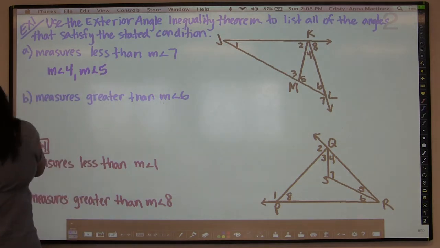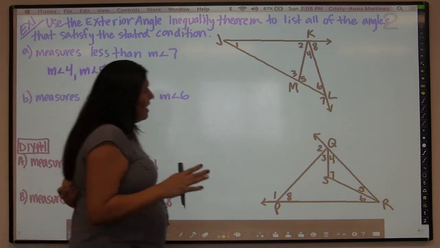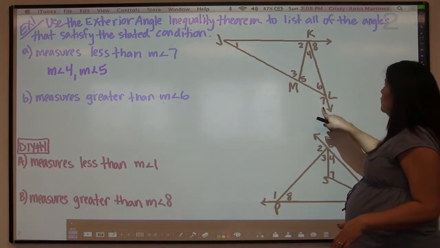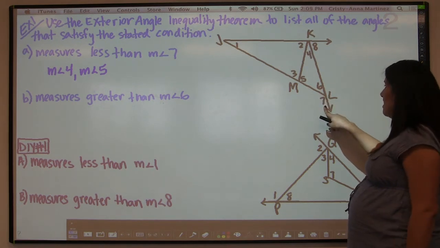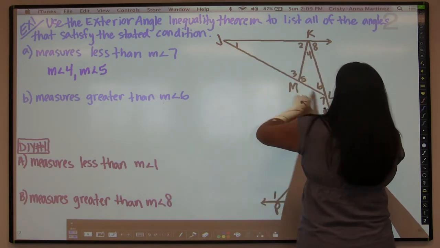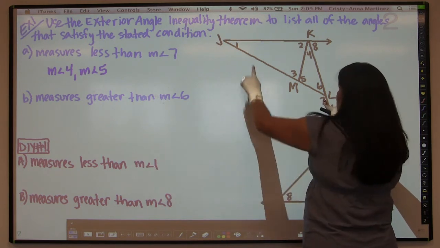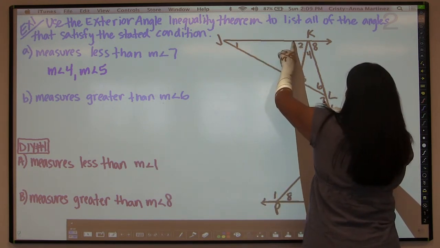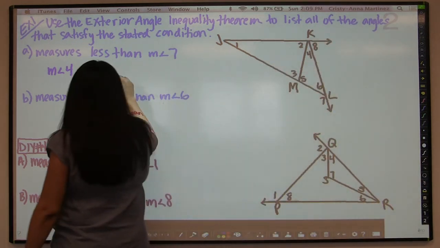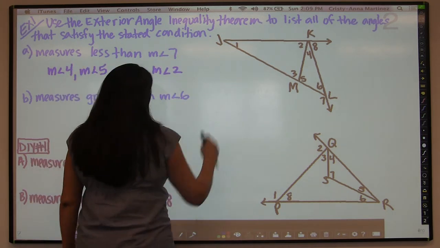That's easy to see. What's not so easy to see is that angle 7 is not only an exterior angle to this small triangle, it is also an exterior angle of the larger triangle JKL. If you consider triangle JKL, then the remote interior angles are angle 1, and this angle right here, which combines angles 2 and 4 together. So angle 7 is bigger than angle 1, and bigger than angle 2, and bigger than angle 4, but we already knew that.